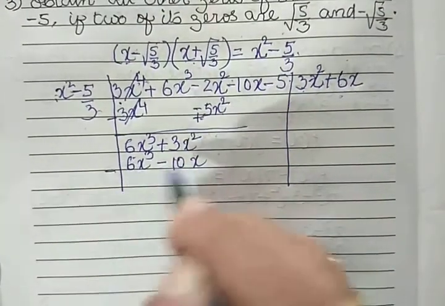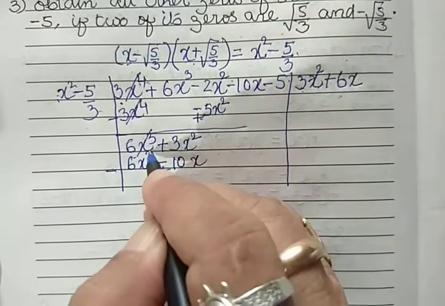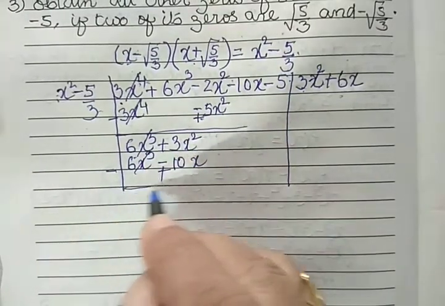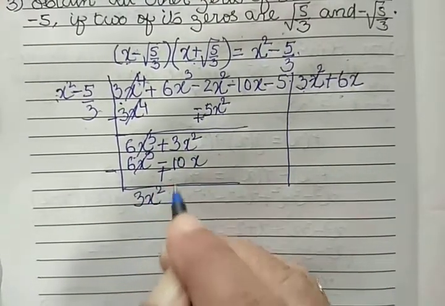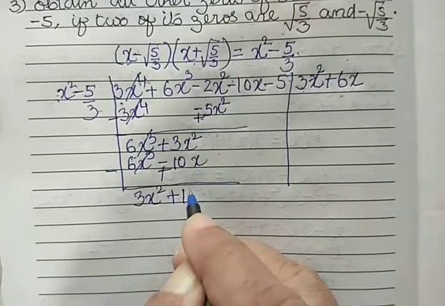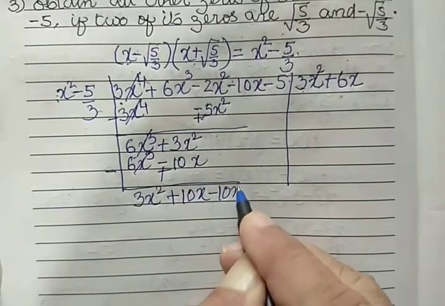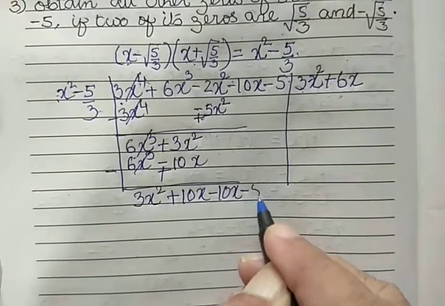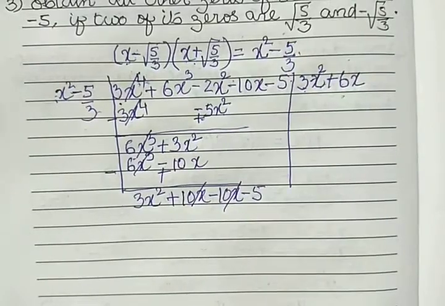When you subtract, sign changes. 6x cube and minus 6x cube cancels. So here 3x square plus 10x minus 10x minus 5. Plus 10x minus 10x cancels.